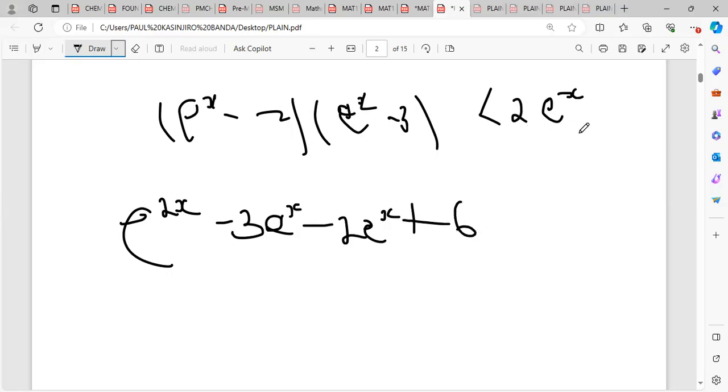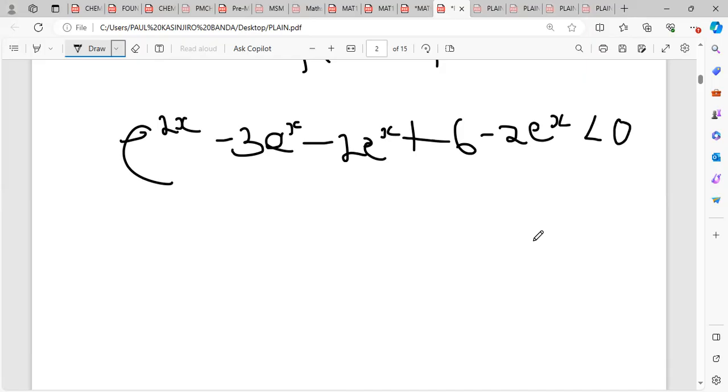Then we said we bring all the terms to the left side. So this one will move to that side and it will become a minus 2e to the power x, and this should be less than 0. Then you can put the like terms together and simplify. This one can also be written as e to the power x, all raised to power 2.